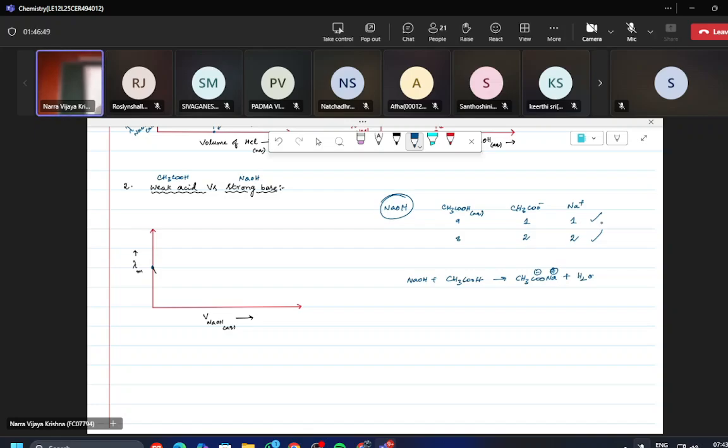When you are adding NaOH, that little H plus is replaced by Na plus. That's why conductance decreased initially. After that, when you are adding, total number of ions are increasing, right? Due to ionization of CH3COONa, conductance started increasing. So up to here it started decreasing. After a certain point, it started increasing.